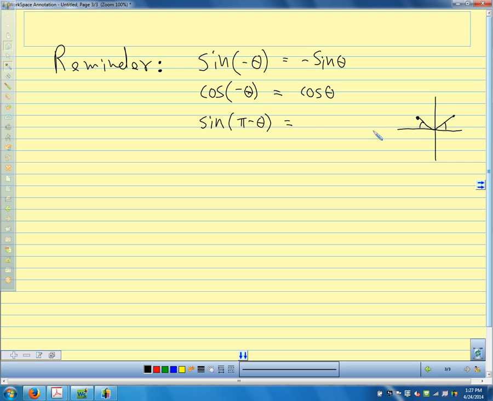Sine of pi minus theta, we're talking about the y coordinate. Sine of theta, they're the same. And then cosine of pi minus theta, the x coordinate. This one's positive, that one's negative.